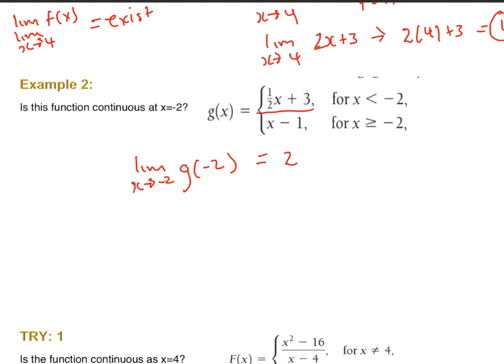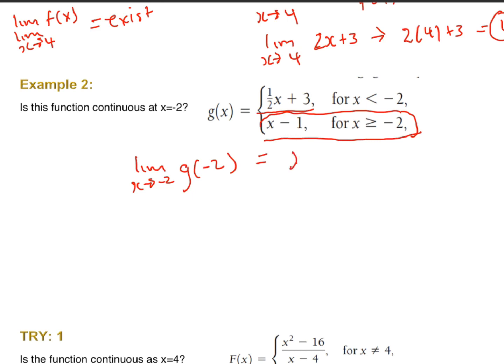Doing the limit from the right means that we take x greater than or equal to -2. From the right we are picking values close to -2, and this particular part of the piecewise function satisfies our condition. So we are going to use this function, x minus 1, to find our limit.